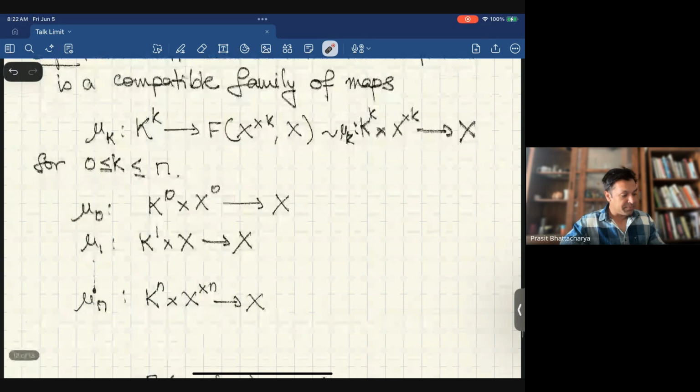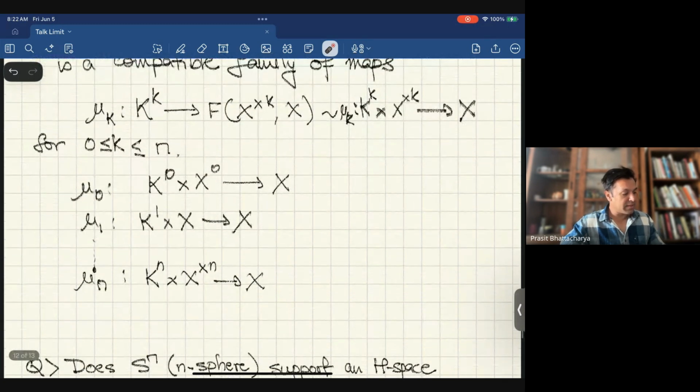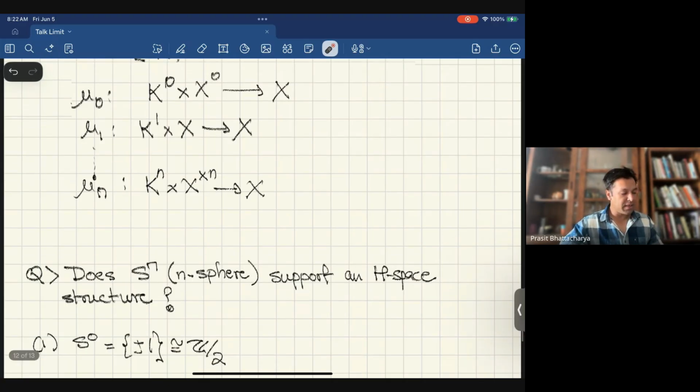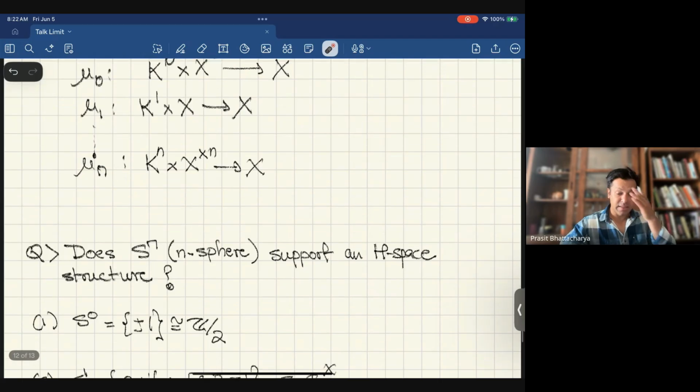So let me ask a question that was a prime subject of study in the 50s, 60s, and 70s: does S^n, the n-sphere, support an H-space structure?